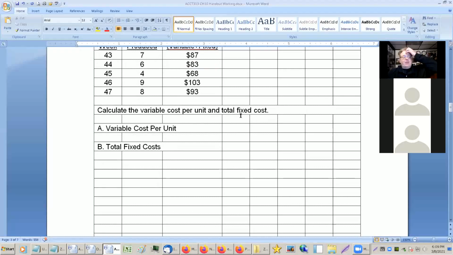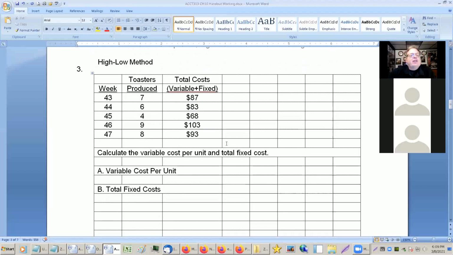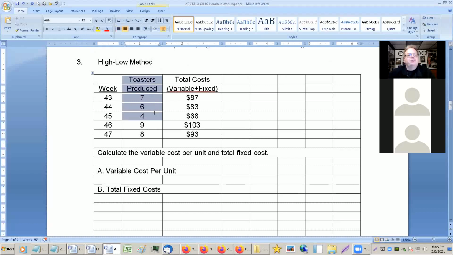All right. So high-low method, we take the high and the low, and we do it on the production here. Okay, so 9 is the high.